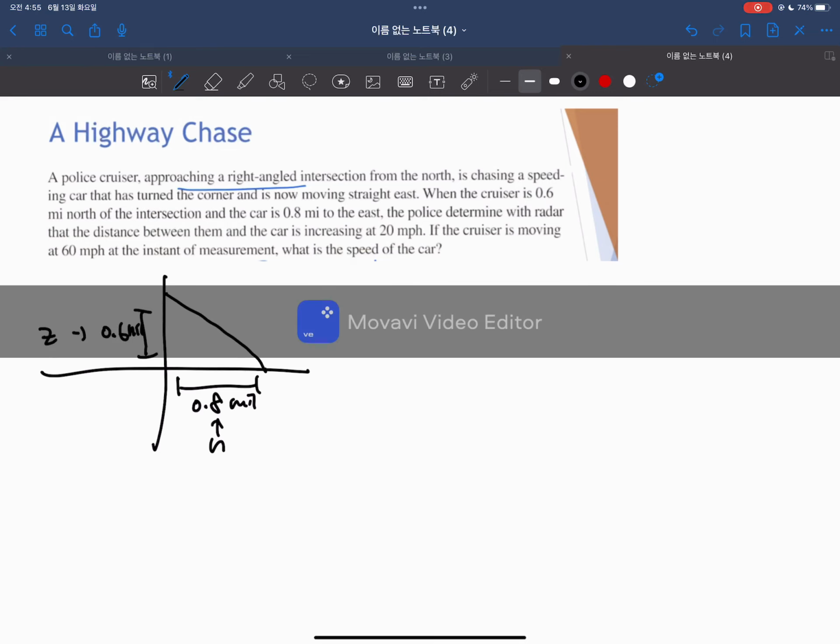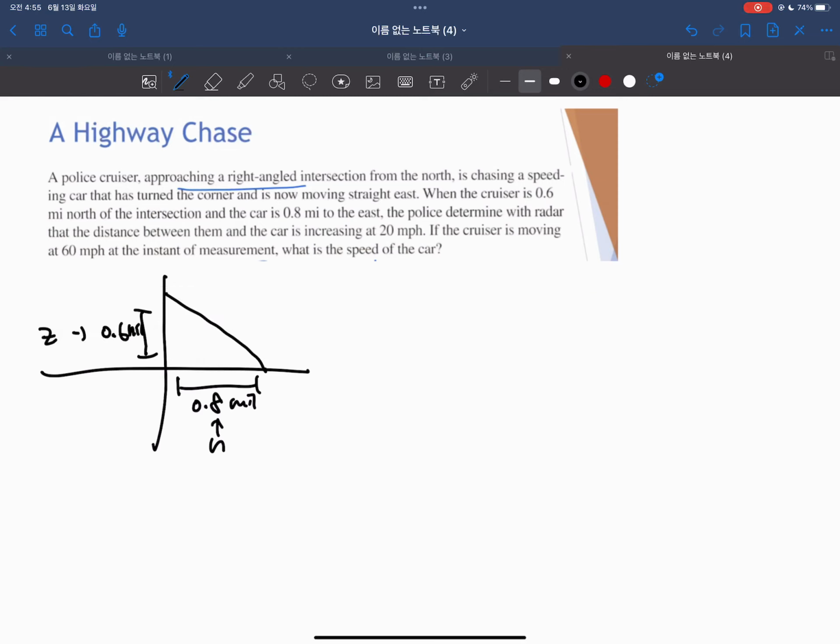We'll call the distance between the car and cruiser w, which will be 1, and it is increasing at 20 miles per hour.